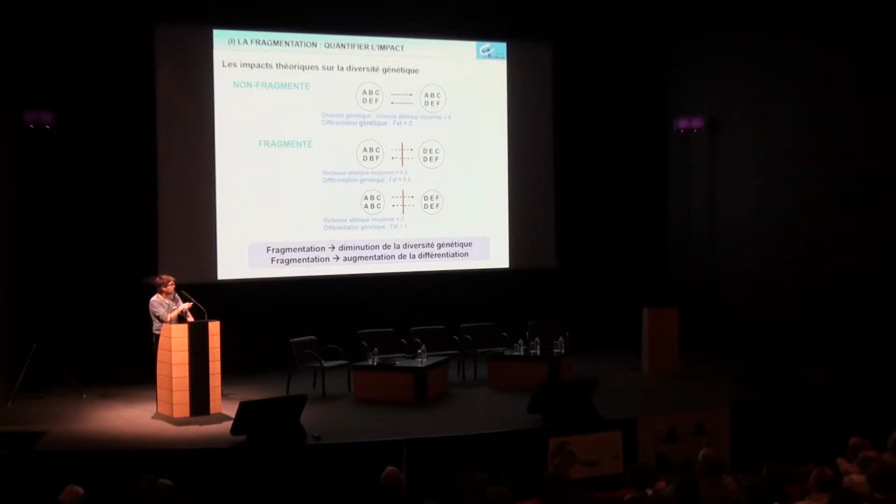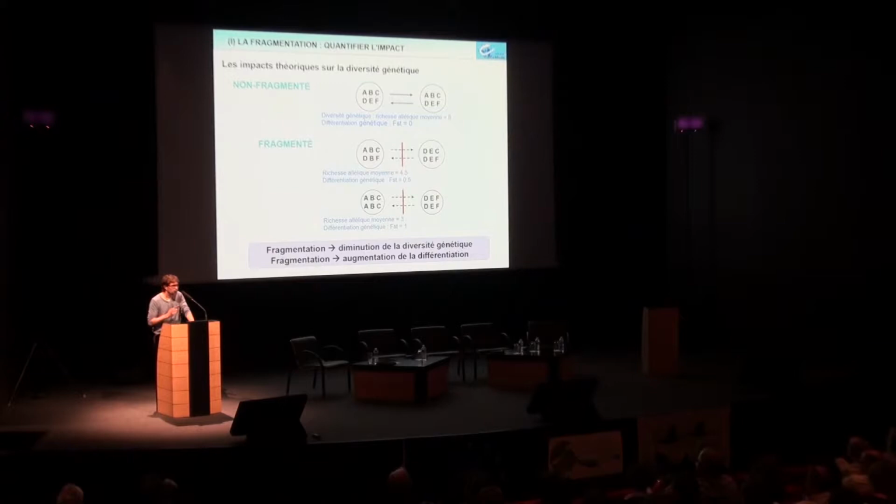If we have a fragmentation of the population, I've taken a first theoretical case with a partial fragmentation, and in the second case it is older, so alleles are disappearing. On average, the allelic richness is going to be reduced, and if fragmentation is higher, the genetic diversity decreases and the genetic differentiation is stronger.